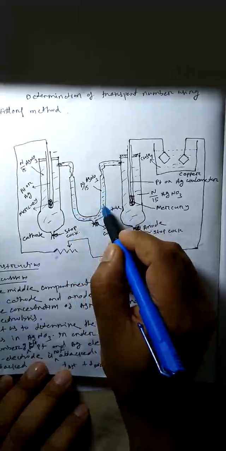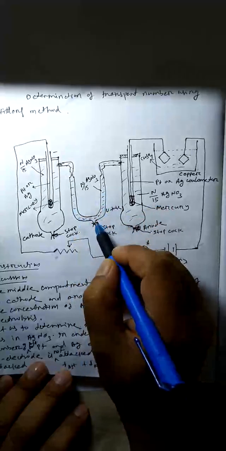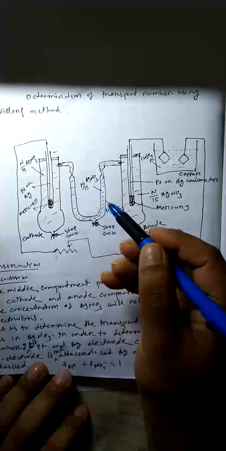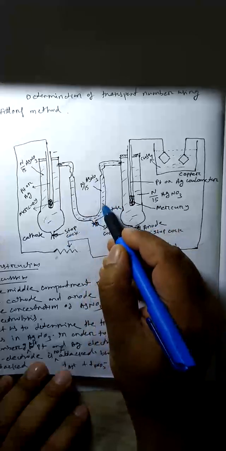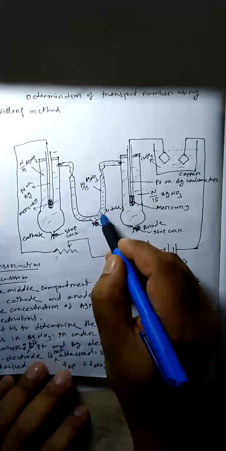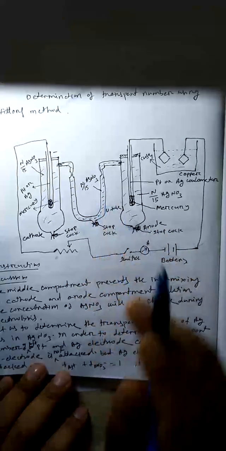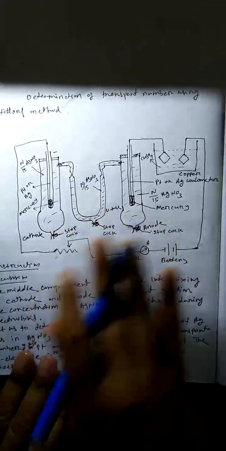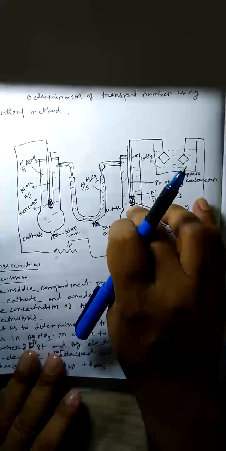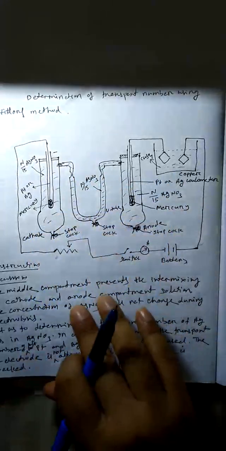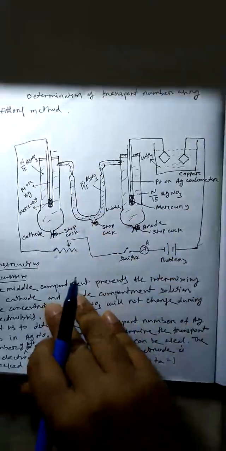By the titration method you find out the concentration of silver nitrate; the concentration of the U tube should not change. Now you know the concentration of the anode, the cathode and the U tube. This is called the discussion.